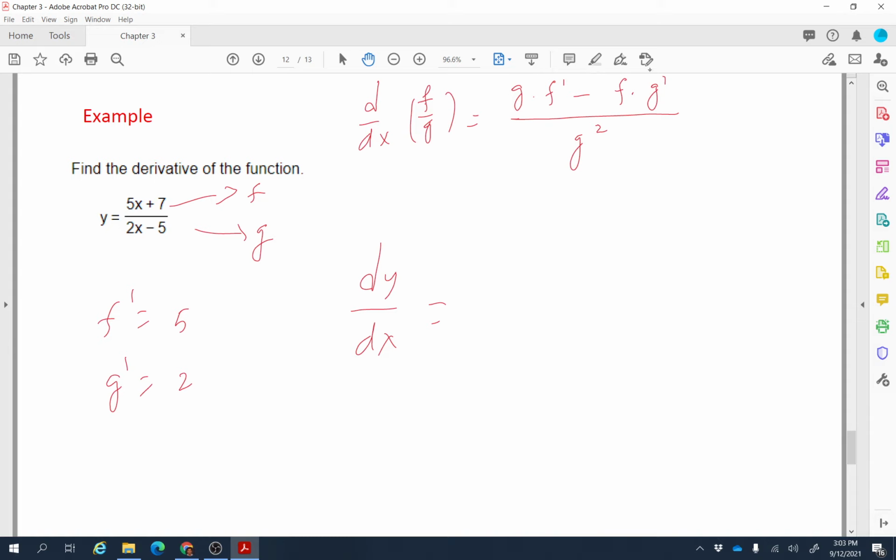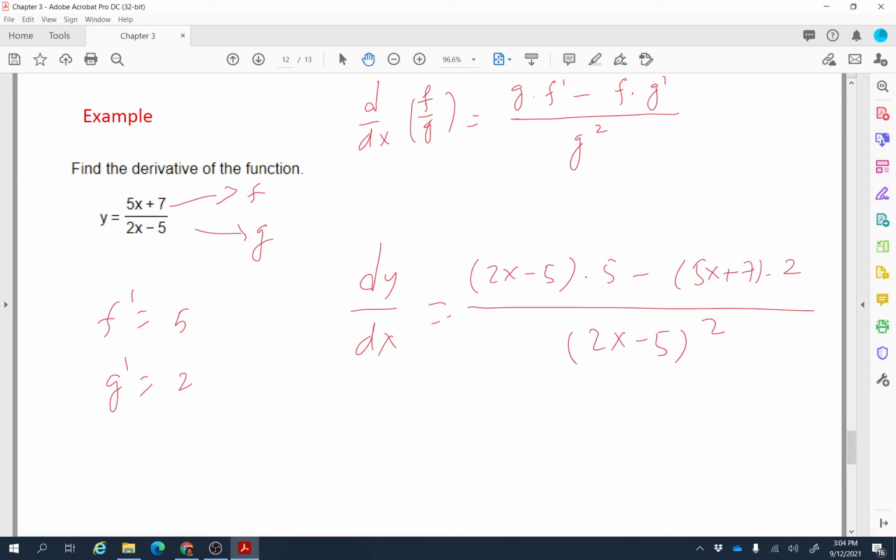Just copy the values. g means it's 2x minus 5 times f prime, which is 5, minus f, which is 5x plus 7, times g prime, which is 2, over g squared, which is 2x minus 5 squared.